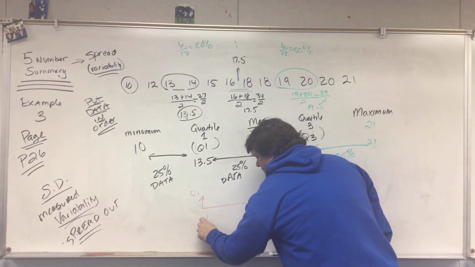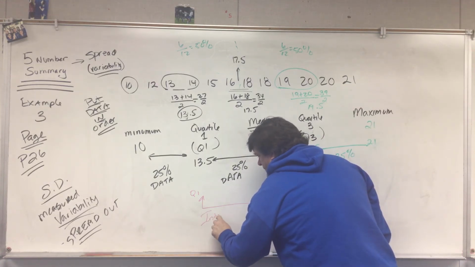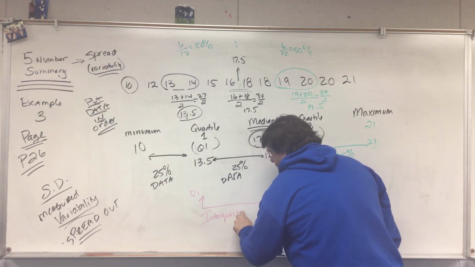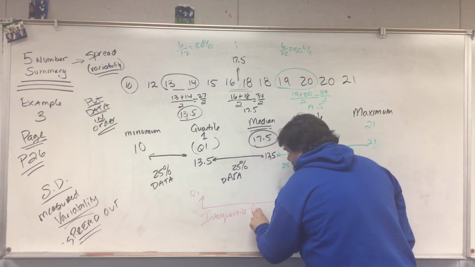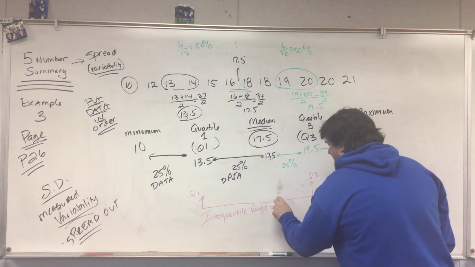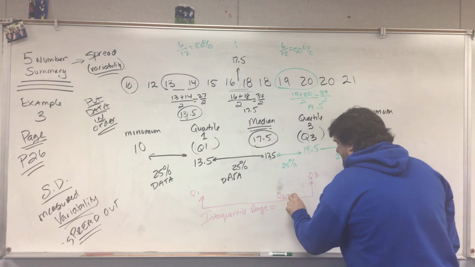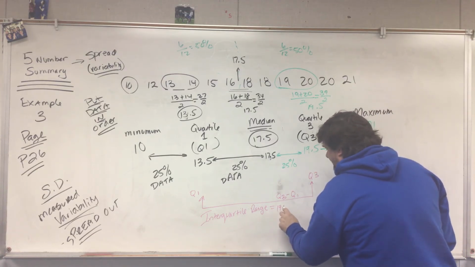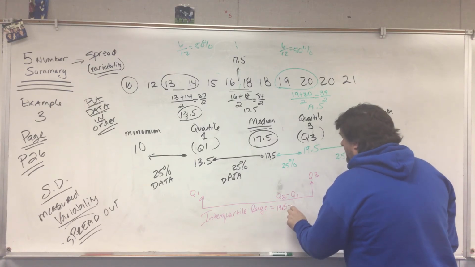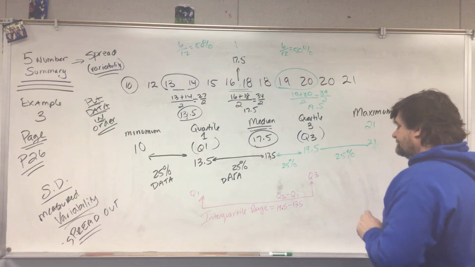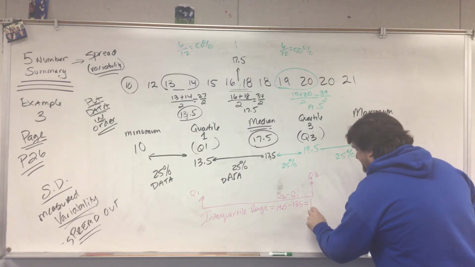So the interquartile range equals Q3 minus Q1. Q3 is 19.5 minus 13.5, which is 6.